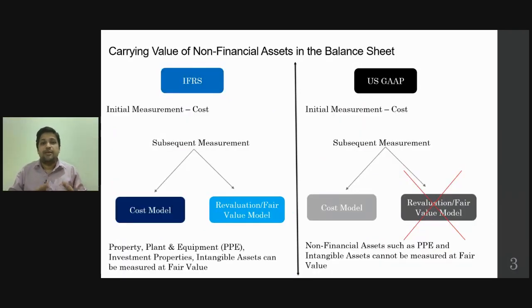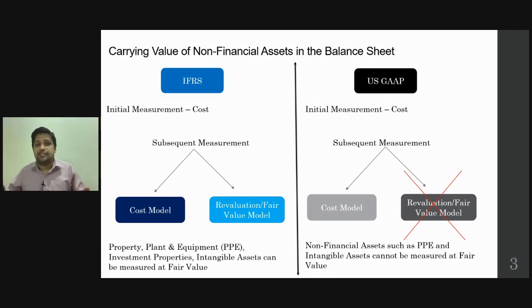We're going to talk about the carrying value of non-current assets in the balance sheet. Initial measurement is going to be cost for both IFRS and US GAAP. However, entities who follow IFRS have two options for subsequent measurement of non-current assets: the historical cost approach and the revaluation approach, which means that entities who follow IFRS have an option to measure their non-current assets at fair value.